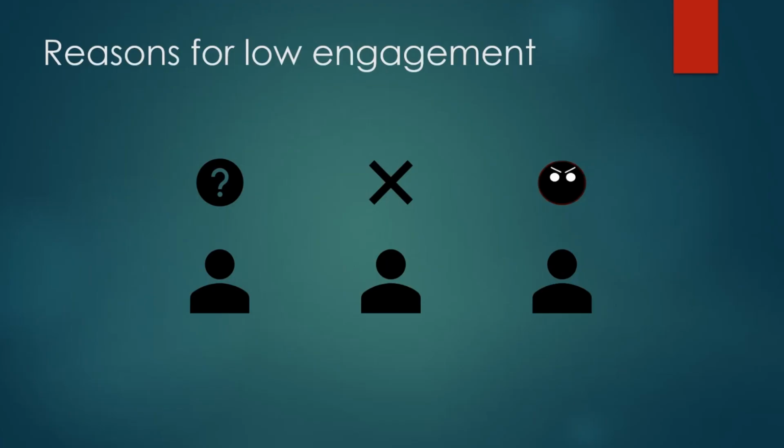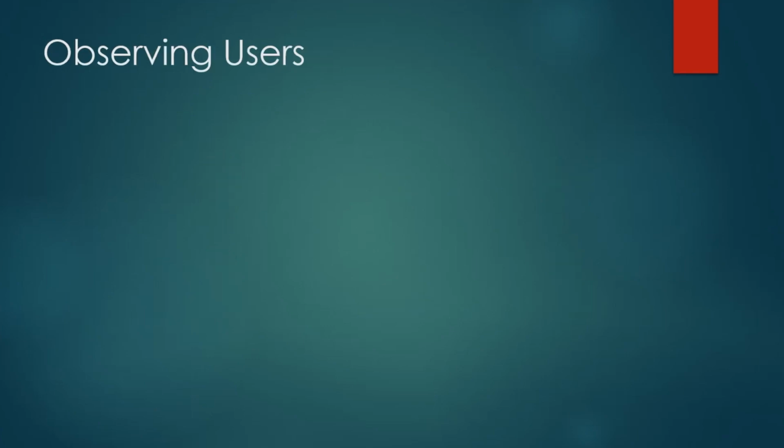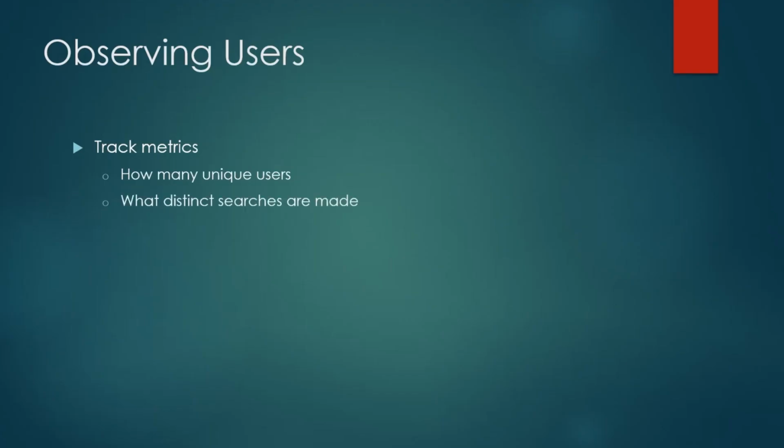We heard some discussion this morning about metrics, right? How do we know that those Gen AI tools are providing accurate results and useful results? Well, we want to do that for any kind of application, whether it's AI-powered or not. So observing users is an important piece of this puzzle. We can track metrics about their use, and that includes things like how many unique users do we have?